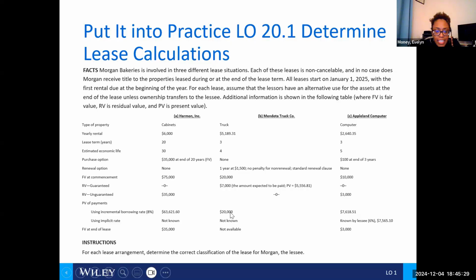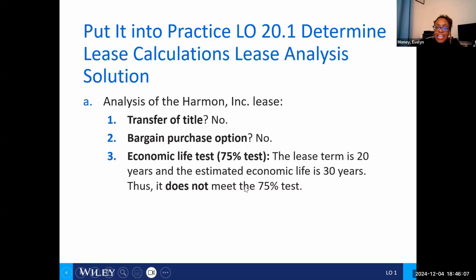The implicit rate is not known, but I know my incremental borrowing rate of 8%. So I use my incremental borrowing rate again. And I also find the present value of the guaranteed residual value. And those two added together will give me the present value of my payments. And look at the present value of my payments. It just happens to be the same as the fair value. So what does this mean? As the lessee, Morgan Bakeries is essentially paying for this whole truck. So because of that, this is a finance lease.